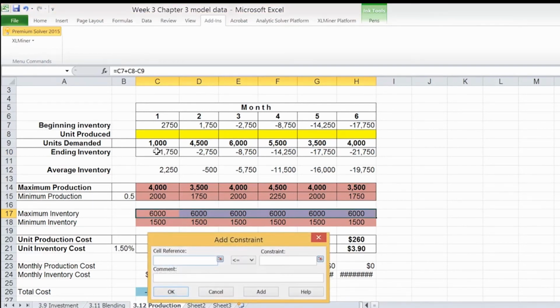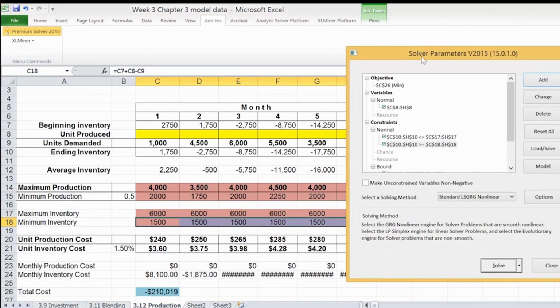And the ending inventory needs to be greater than or equal to this 1500 line here. So if you look, they're just these two groups. And these two groups are the bound.